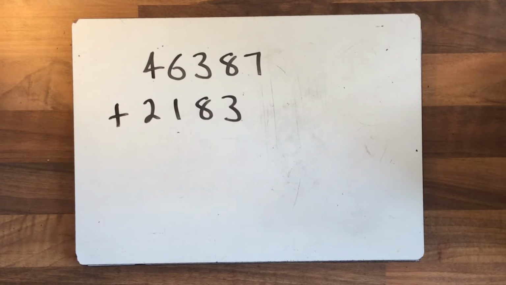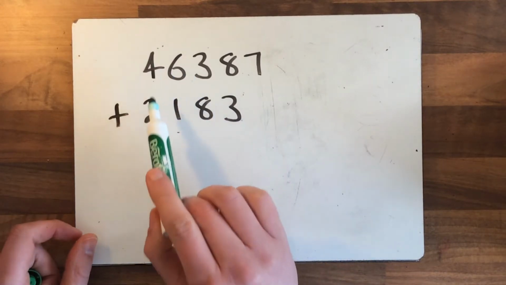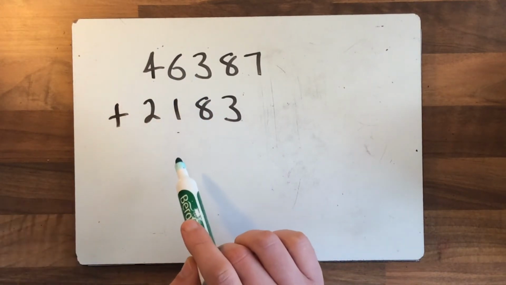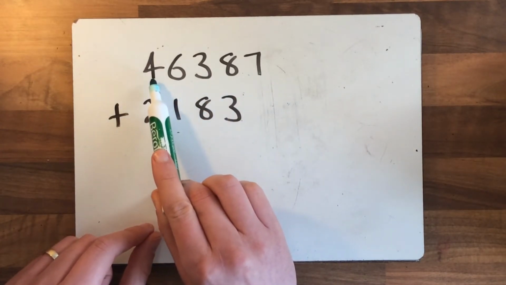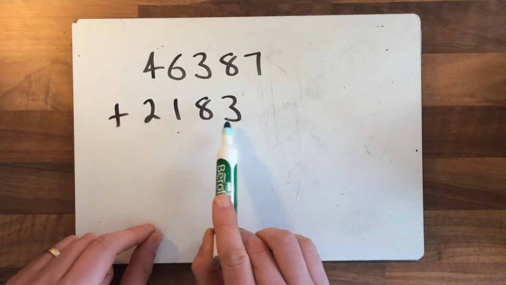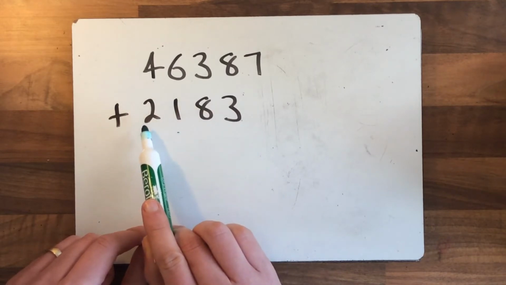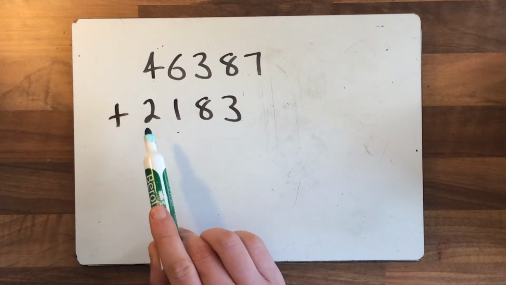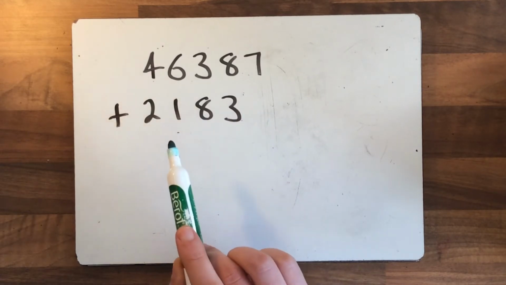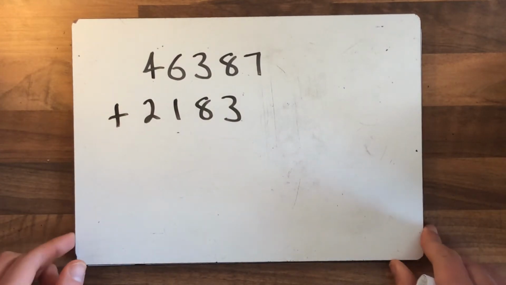Hopefully you've spotted that the numbers haven't been lined up correctly. If you look at this top number here, this 4 is in the 10,000s column, isn't it? Whereas if we look at this number here, there isn't a 10,000s column because the largest digit is the 2, which is in the thousands, so they haven't been lined up correctly. So that is the error with this one here.